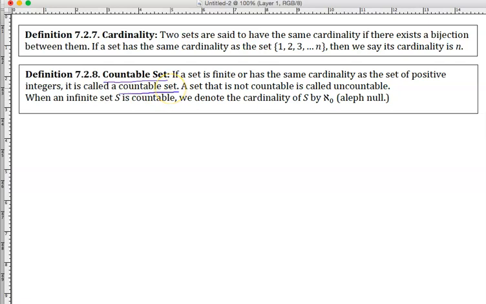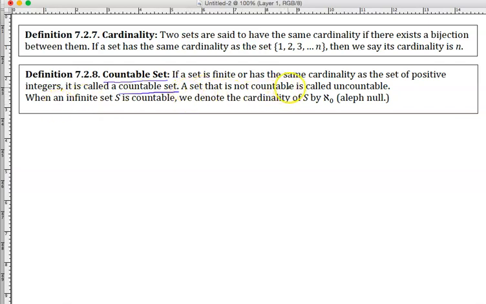Countable and finite don't mean the same thing. So a set doesn't need to end or have a finite number of elements in order for you to be able to count them. Okay, so if it has the same cardinality as the set of positive integers, that basically means that you can count them: the first element, the second element, the third element. So there's some counting going on there, right?